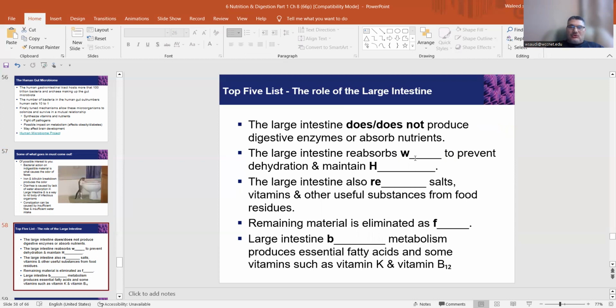So here it is, we reabsorb water to maintain homeostasis. We reabsorb salt as well. The remaining material, waste products, the remnants, the bacteria, with some water, we call feces.